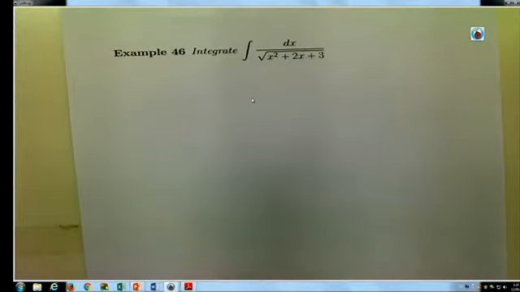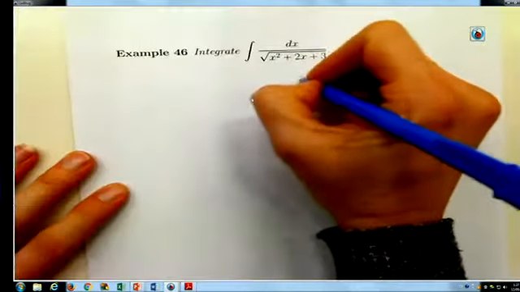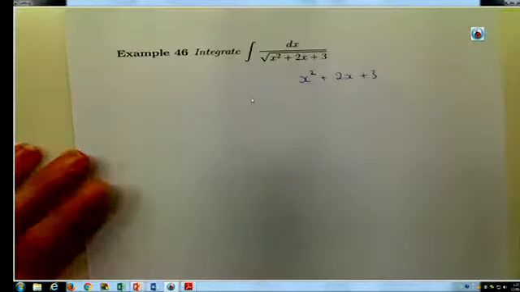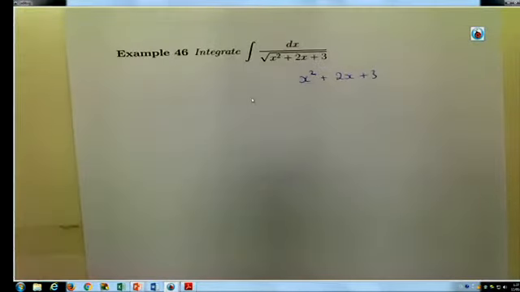Okay, so this has got a quadratic on the bottom line, so it doesn't look like what we've been doing. So what I want to do is turn this into a perfect square, okay?